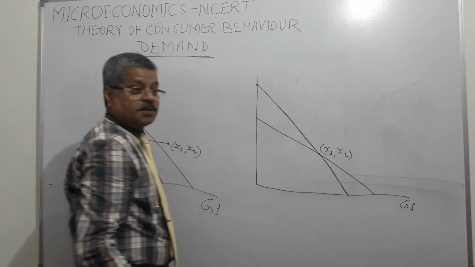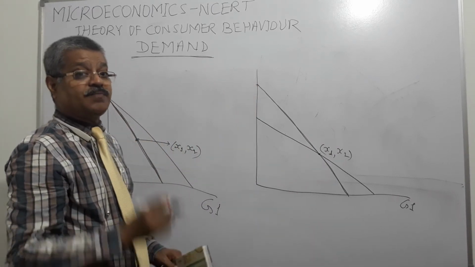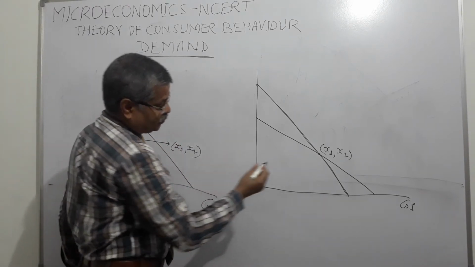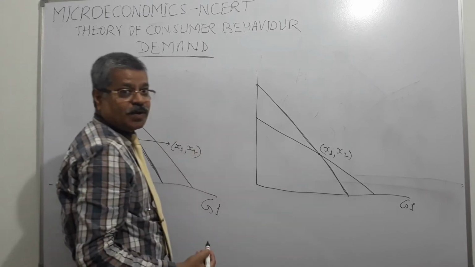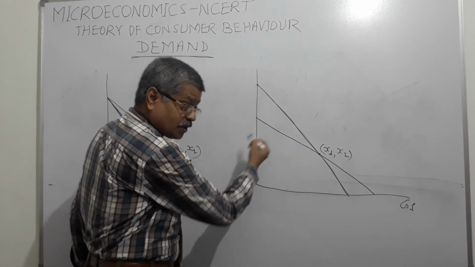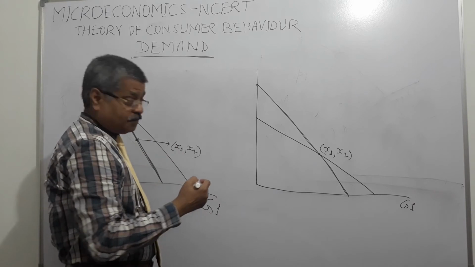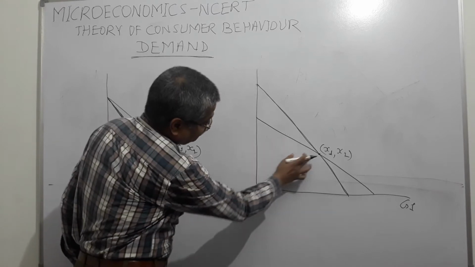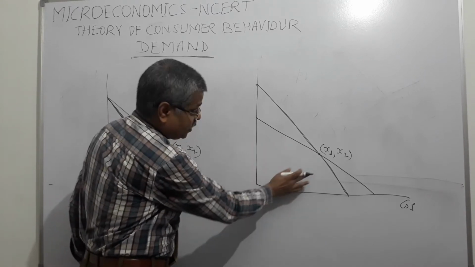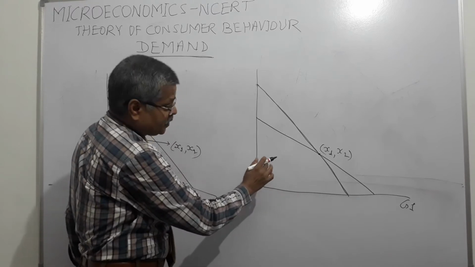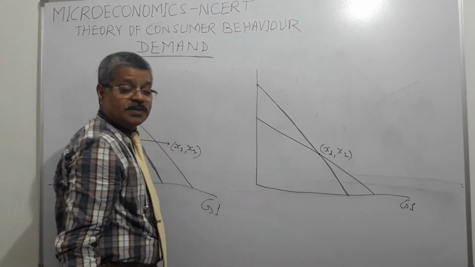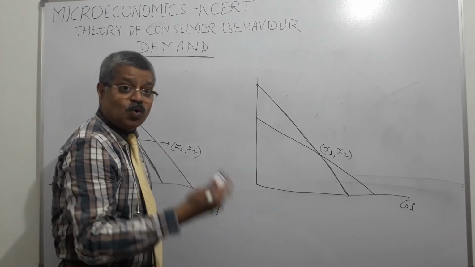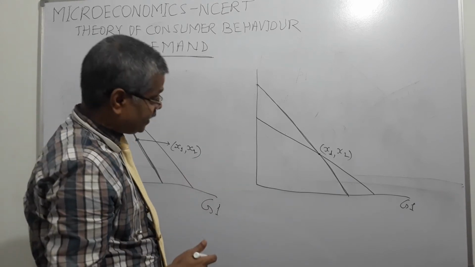Beyond this, the bundles were not affordable to the consumer earlier. But now, when you go to the left of this point X1, X2, though the bundles are available to the consumer, they are inferior, because if you take any point below this, there will be at least one point on the budget line where the consumer will get some more of at least one of the goods, right?